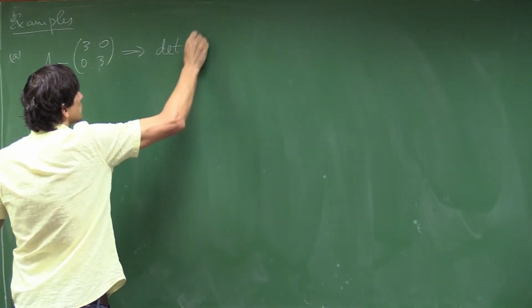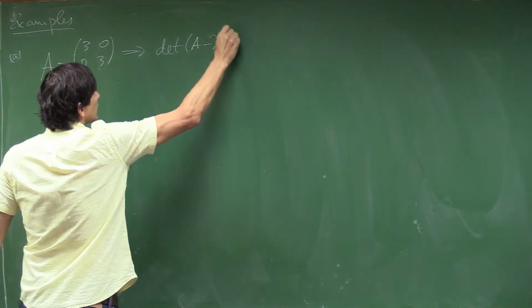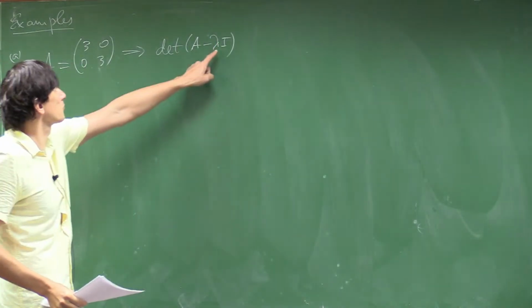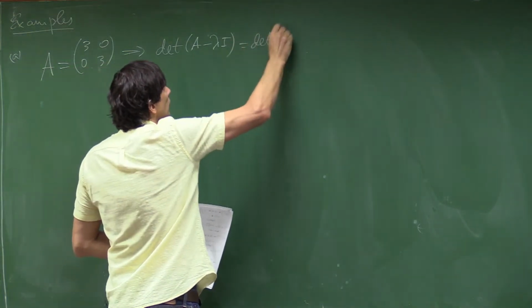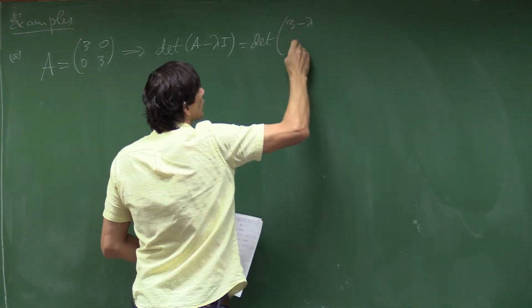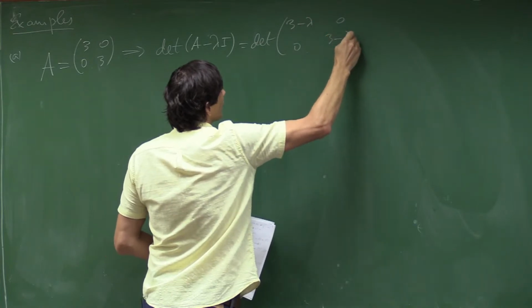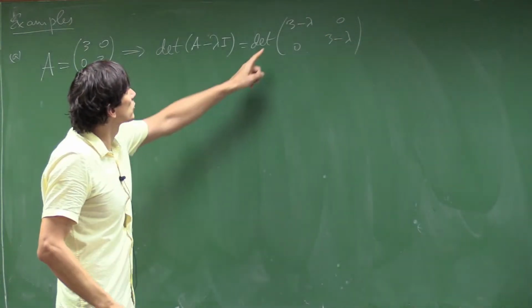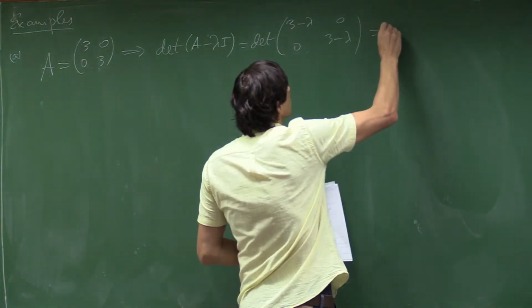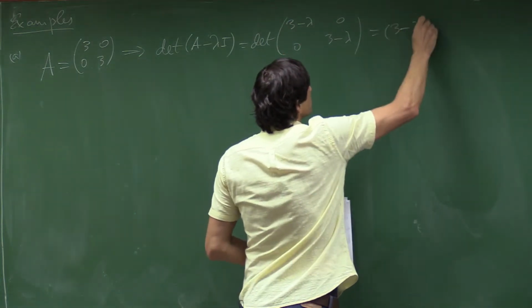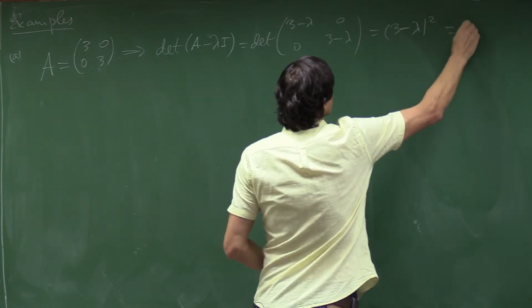Characteristic equation: we have to subtract lambda from the diagonal. So that's the product of these 2 minus the product of these 2. It's (3 minus lambda) squared, which should be equal to 0.